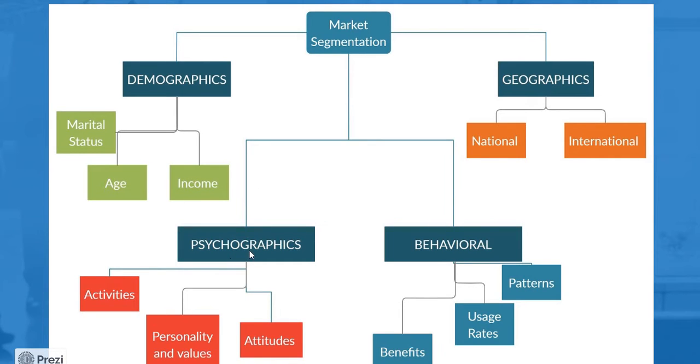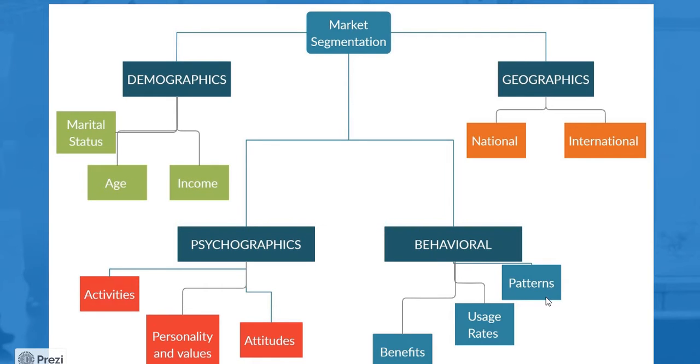On the psychographics, we are trying to divide your audience into the activities they do, their personality, their values, their attitudes. We are trying to divide the people you're trying to influence into characteristic sections.